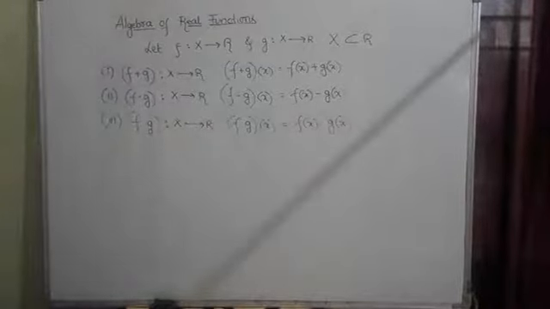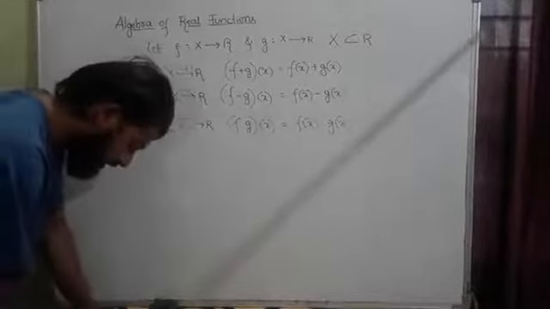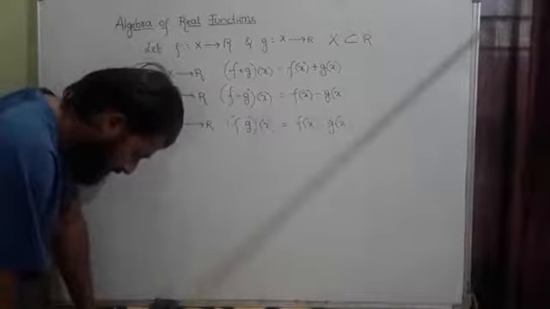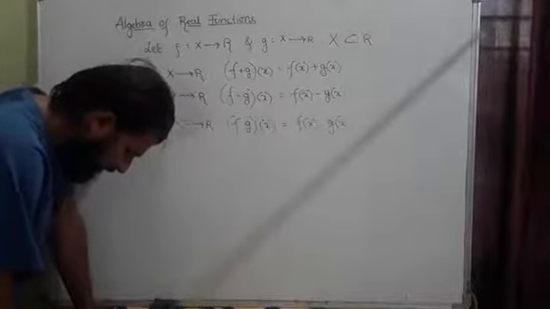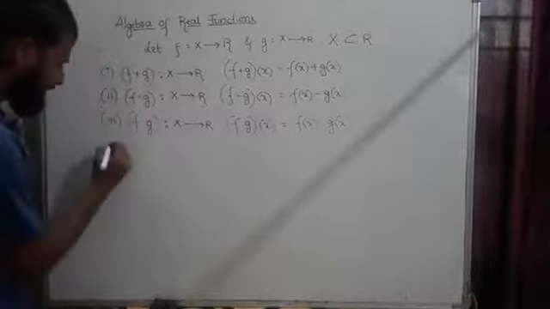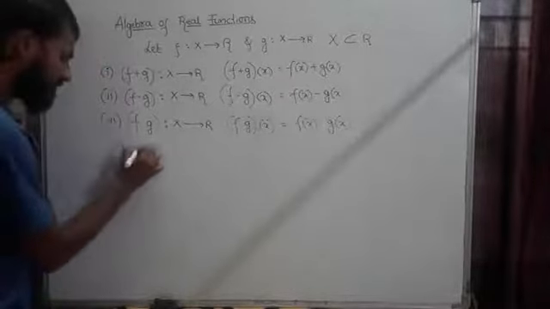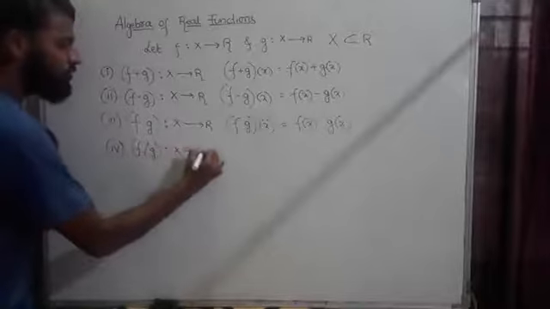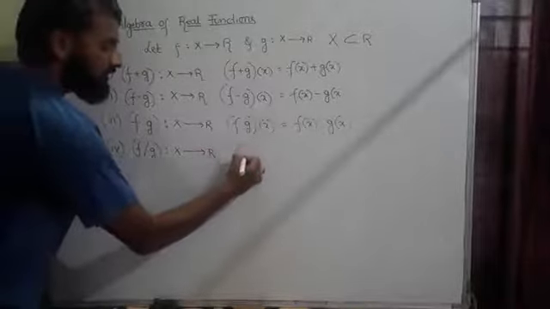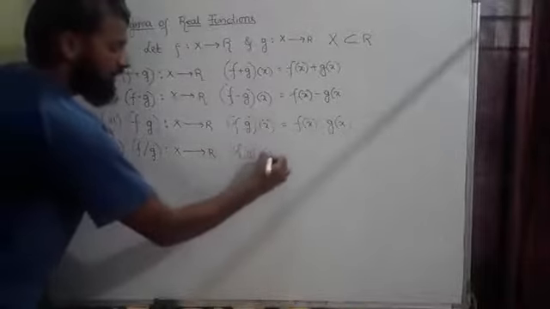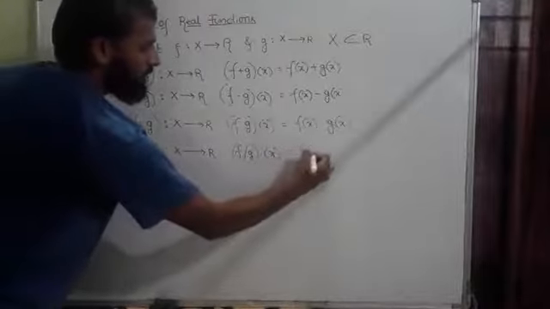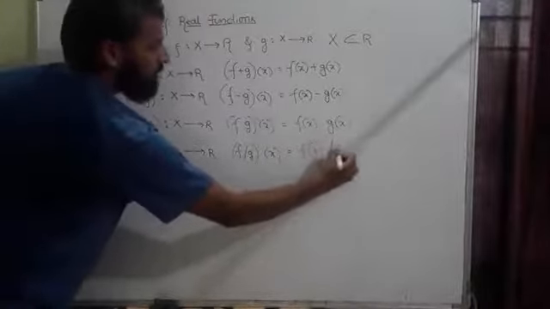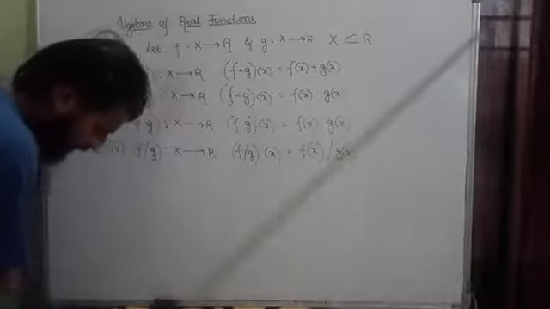I hope you are understanding, isn't it? Yeah. So the last one is division, which is again similar. f by g is defined from X to R, which is (f by g)(x) equal to f(x) divided by g(x).